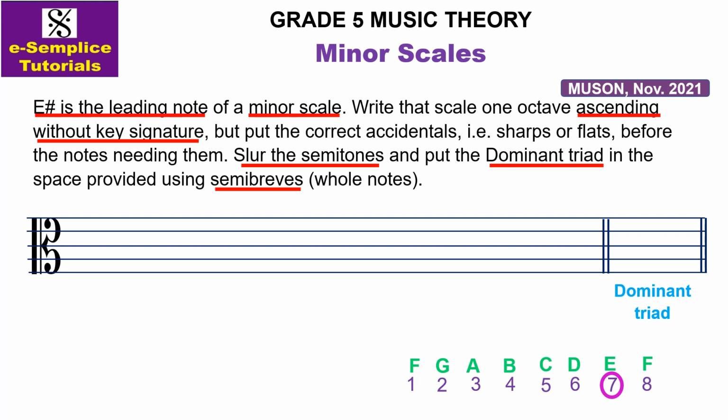Now, we can't see exactly if this is F minor or F sharp minor. So I'd rather we start checking it out. Let's assume this is F minor. Then let's add the natural key signature accidentals in F minor.